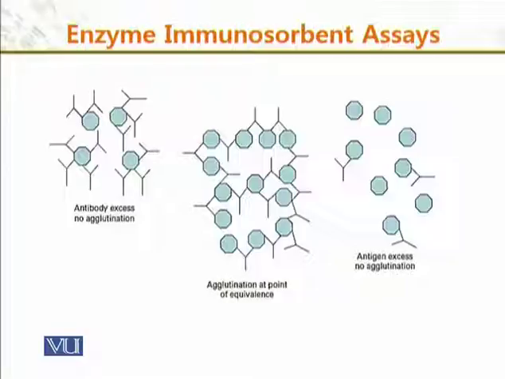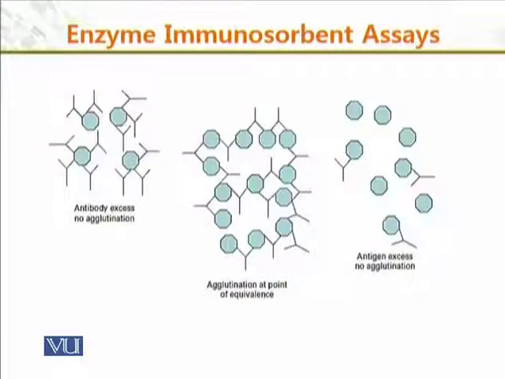If the antigen, on the contrary, is in excess, again there is no agglutination. So we have to adopt a middle pathway: when both are equal, agglutination will occur, and that gives us a method to assay them.